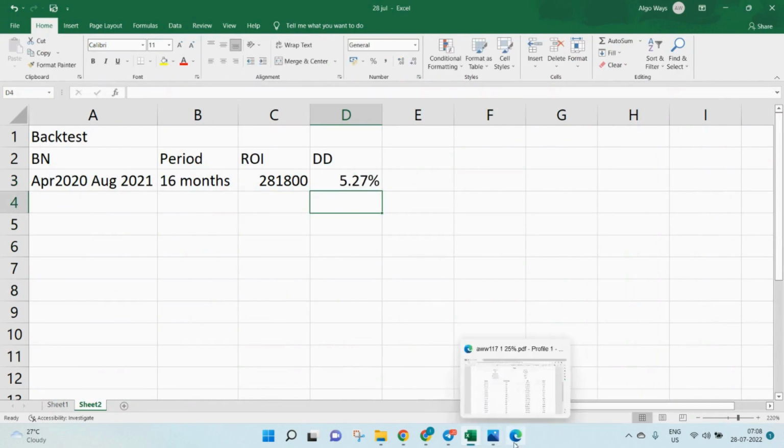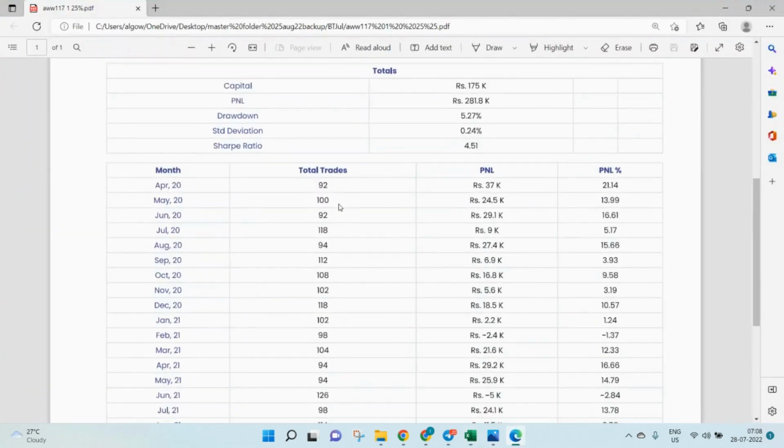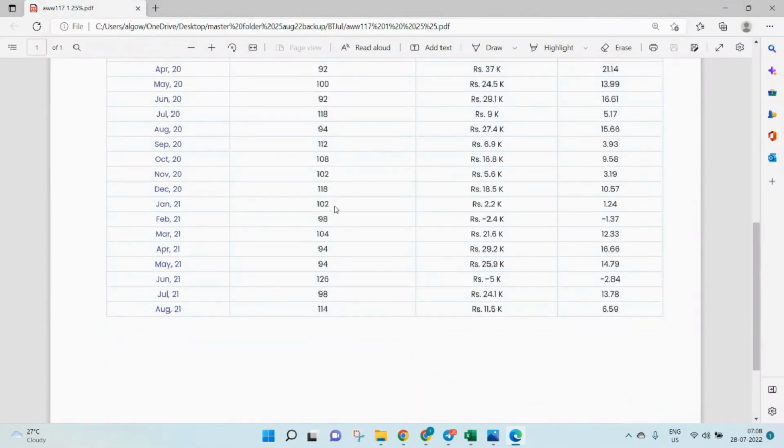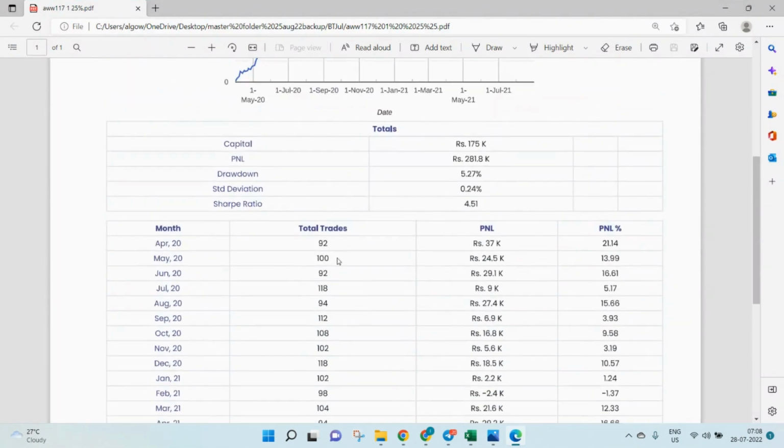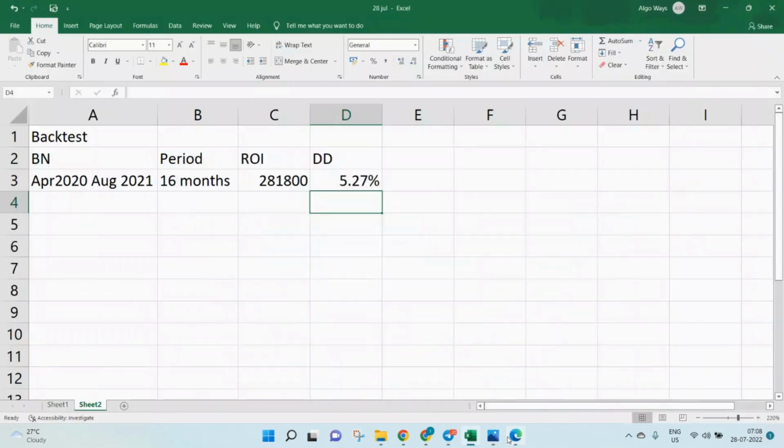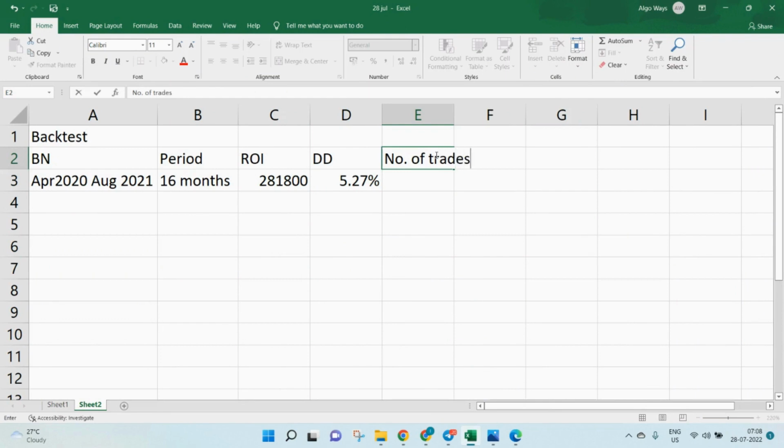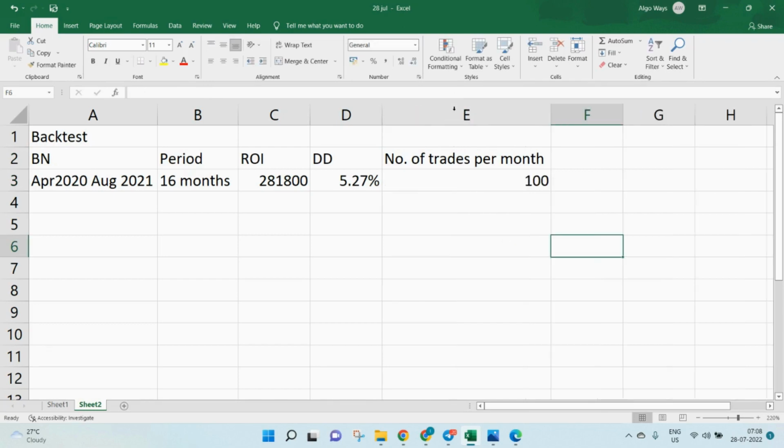And the average number of trades per month, I have not calculated it in Excel, but we can generally see the number of trades is around 100 per month. Hundred trades means 50 entries and 50 exits put together.